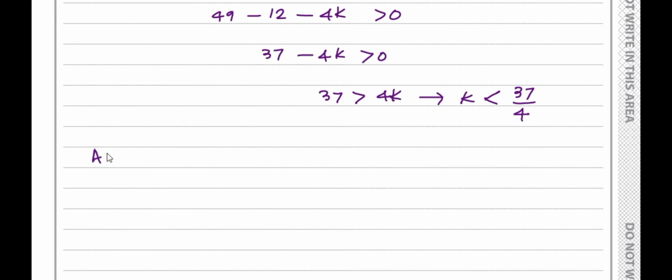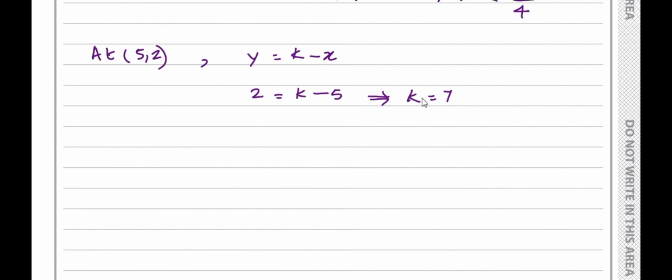Y will be 2, so 2 = k − 5, which will give us a value of k = 5 + 2 = 7. Right. So k should be greater than or equal to 7 and less than 37/4. That gives us the range of values.